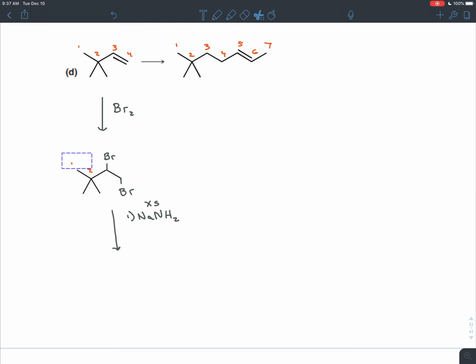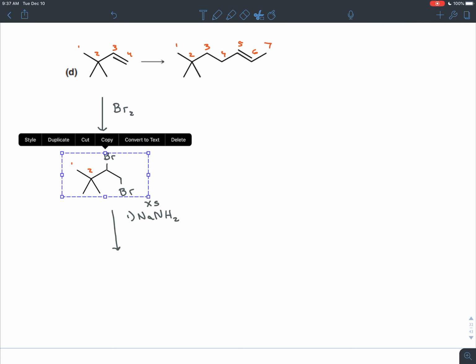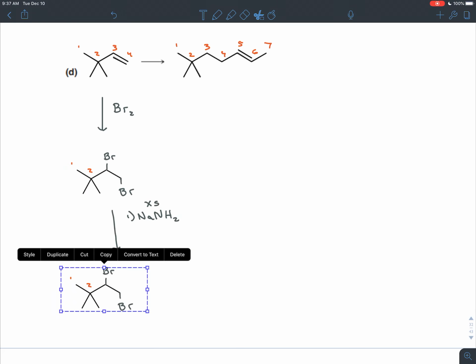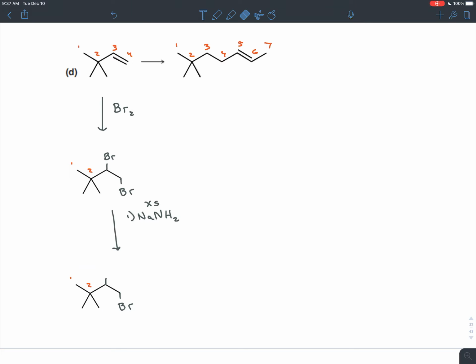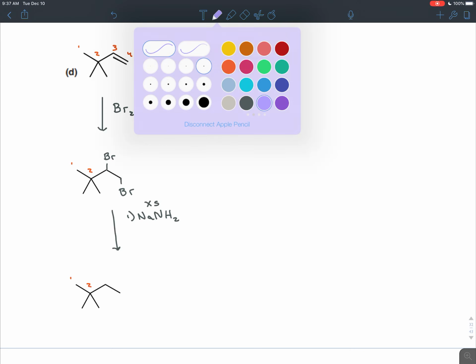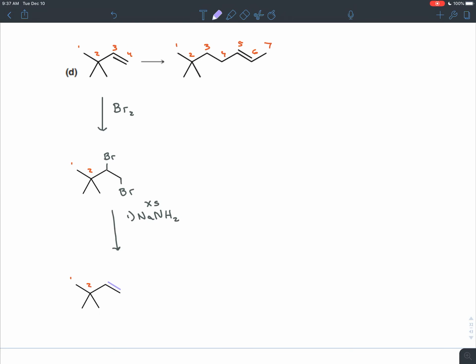Well, let me draw it out. So after you have the sodium amide, you would eliminate both of those, create 2 pi bonds, and here I'll just redraw this because it's really a linear molecule, so I'll just move that around.